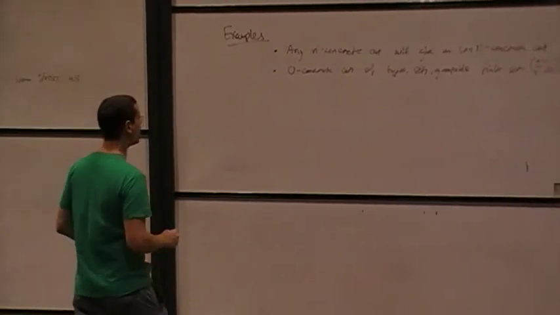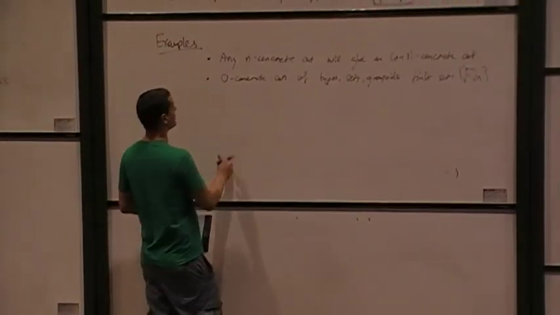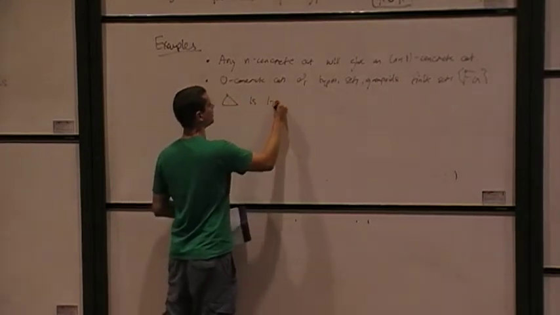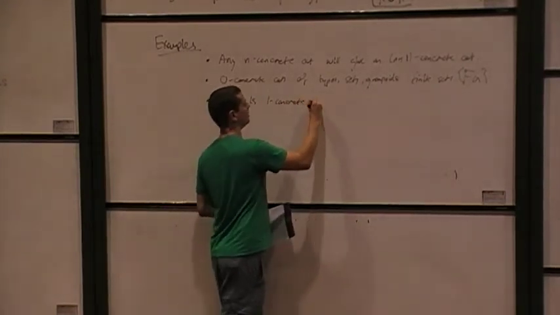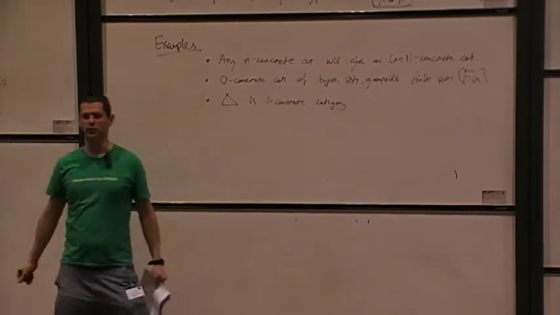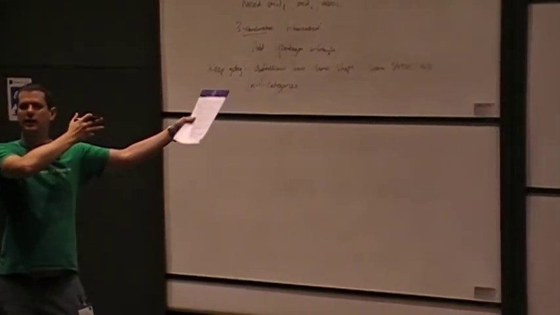There are some decent 1 concrete categories. So the sort of baby example is Delta is a 1 concrete category. I'll say something a bit stronger than this in a sec, but this will do for now. So Delta is a 1 concrete category, and you can just do it explicitly if you so want.